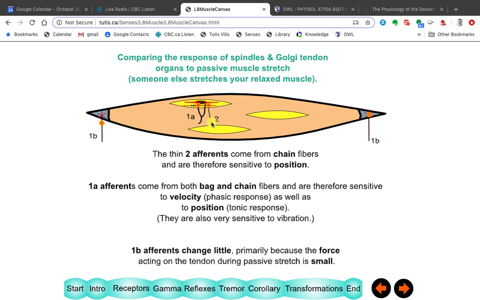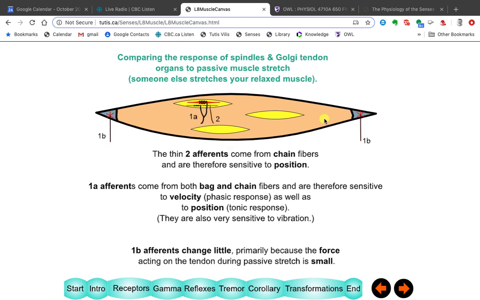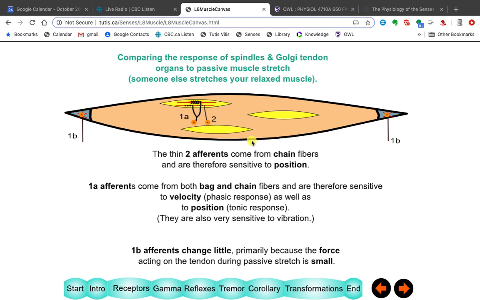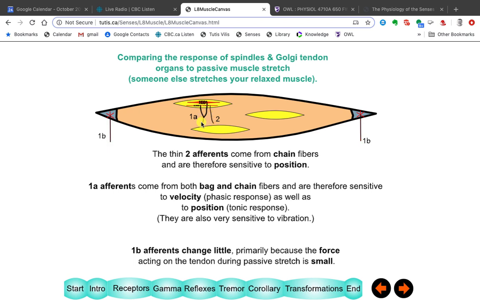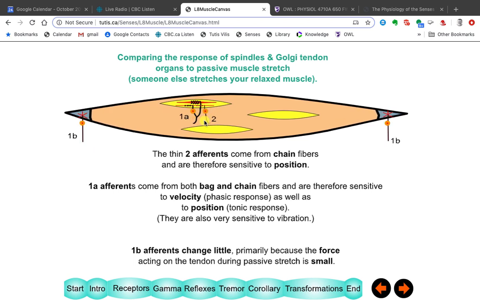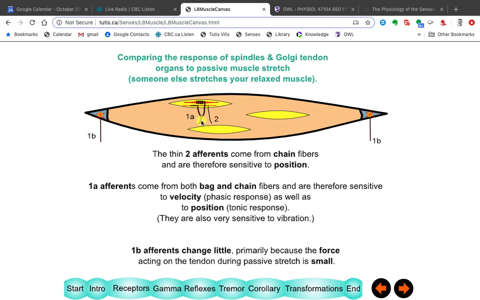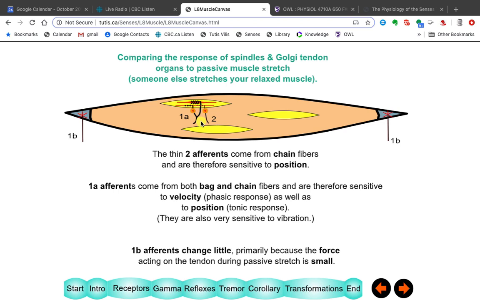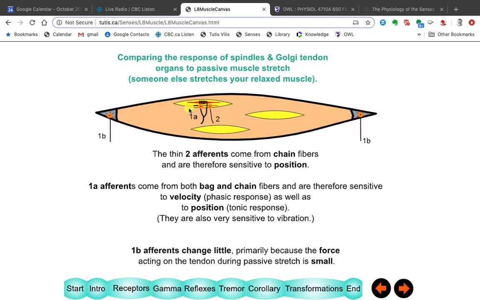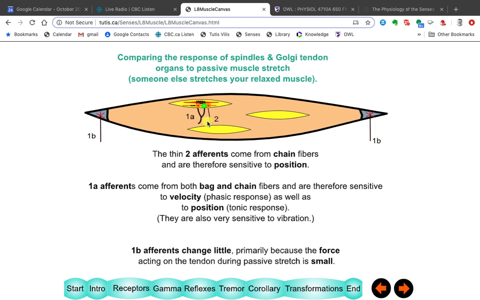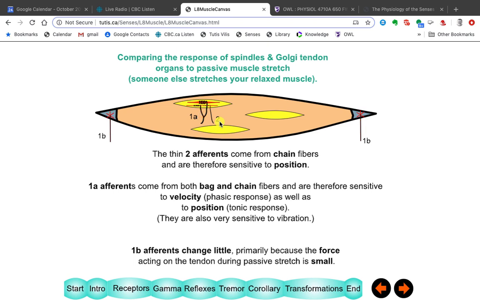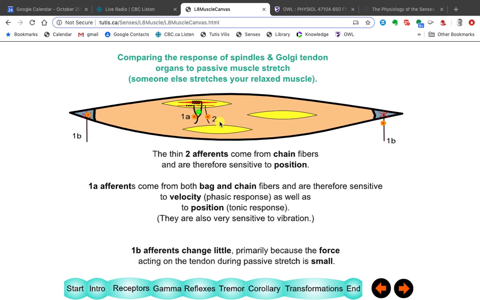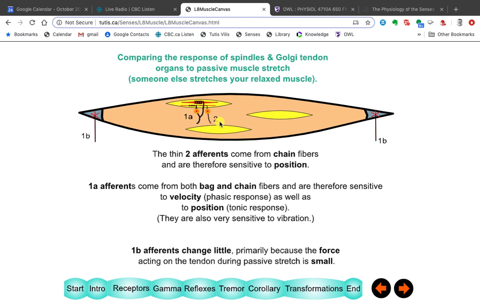So this is becoming longer when somebody else stretches it. And let's see what's happening to the 1As and 2s, what's happening to the spindle. Now there are different colored dots coming out. One is coming out from the chain fiber, and you can see that both the 1As and 2s increase their firing rate when the muscle gets longer.